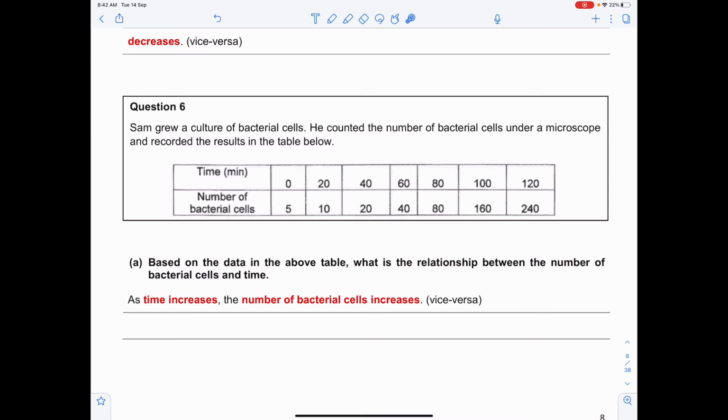Now, what is the purpose of a control setup? Say setup A. It acts as a control to compare and confirm that the measured variable, in this example, the rate of ripening of the banana, is due to the change variable.